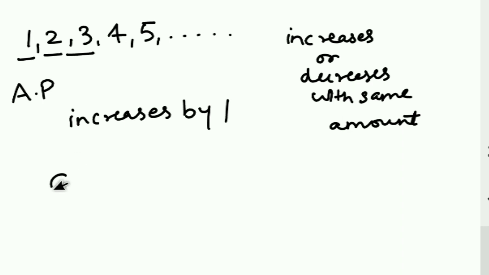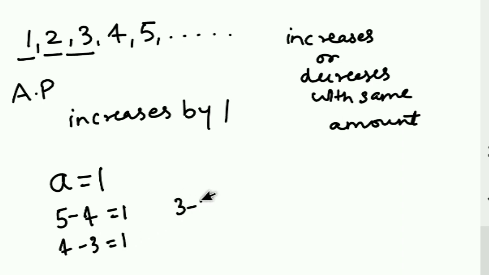Now, what is the first term in this sequence? We denote the first term as a, and this will be equal to 1. Now we will see the difference between two consecutive terms. 5 minus 4 is 1, 4 minus 3 is 1, 3 minus 2 is also 1, and 2 minus 1 is also 1.